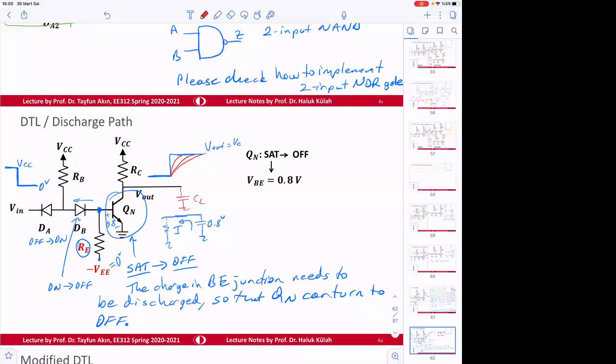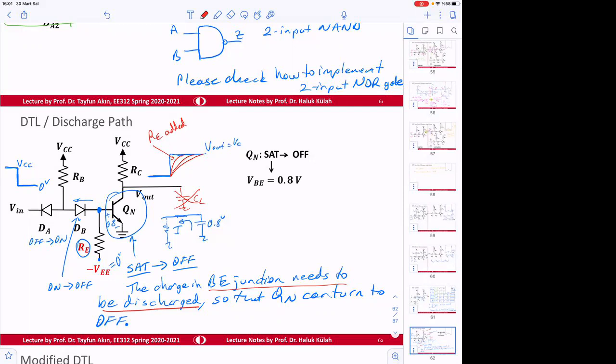But let's forget about this. Even if this is not here, the base charge needs to be discharged. The base emitter junction needs to be discharged. By putting an RE here, this is going to be shortened. RE is added to switch that fast.